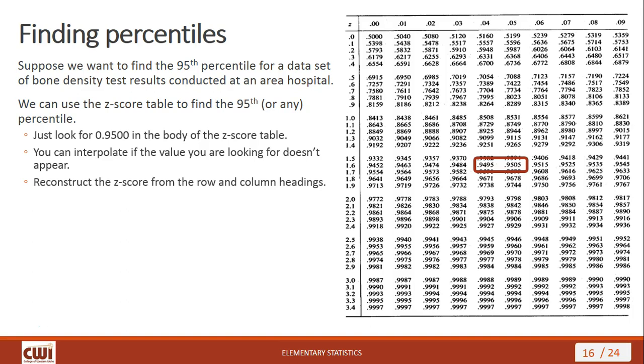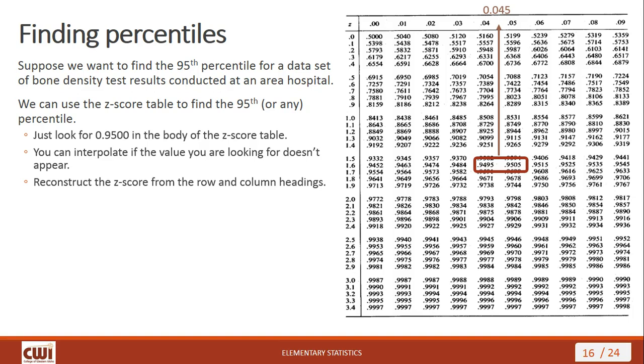So I know that my z-score is going to start with 1.6 because that here is the heading for the row in which these two values are found. The other part of the z-score, however, is going to be smack dab in the middle between the 0.04 and the 0.05.